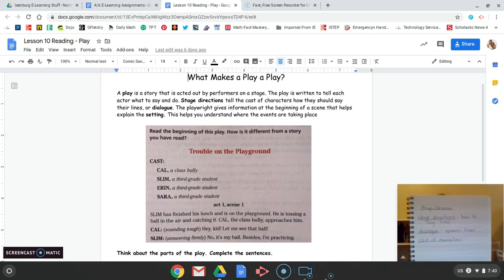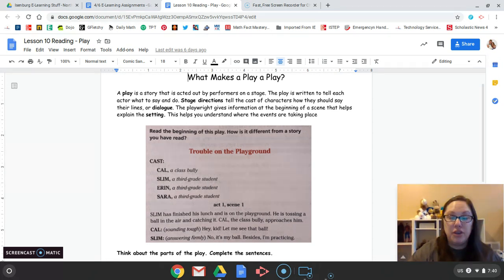Just as they pop up in the story, we figure out that they're supposed to be part of the story. But in a play, you kind of have to know who the characters are before you even start, because you have to be able to give parts out, you have to know how many actors you need, and then you have to be able to assign each actor their part. So you got to know who's in the play and what they're supposed to be.